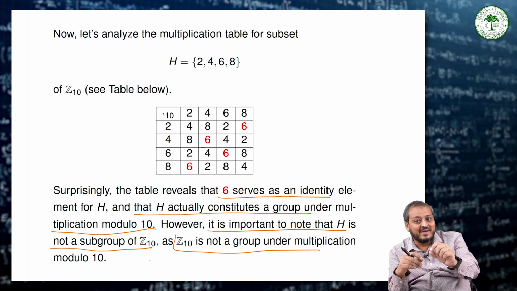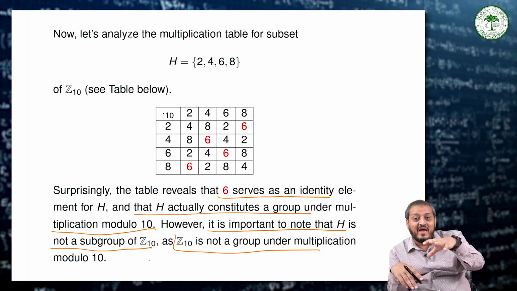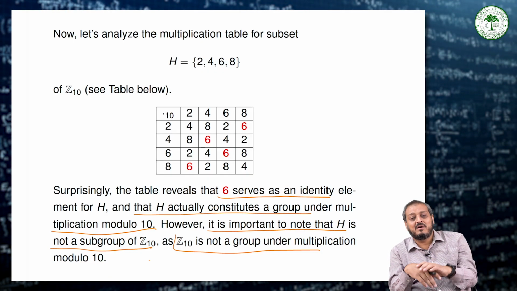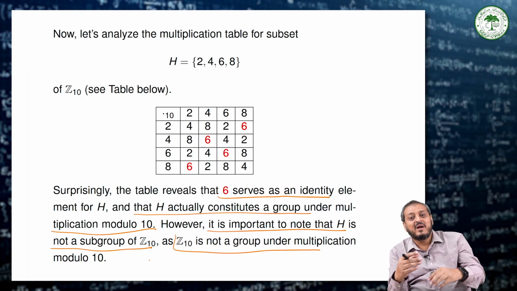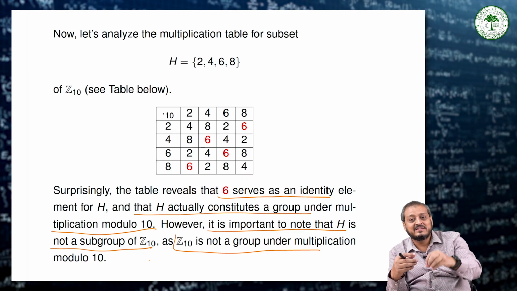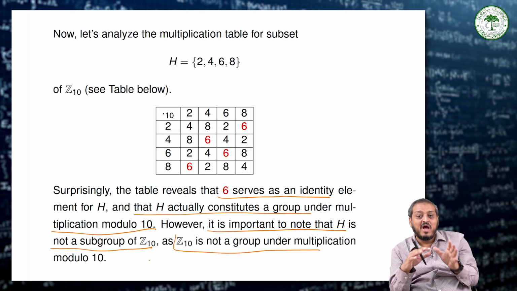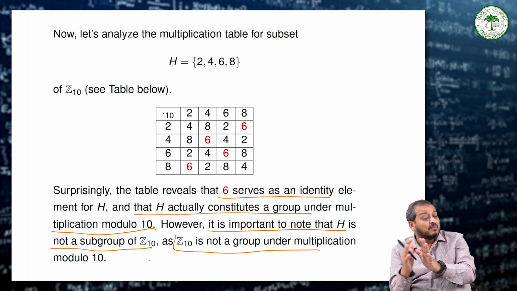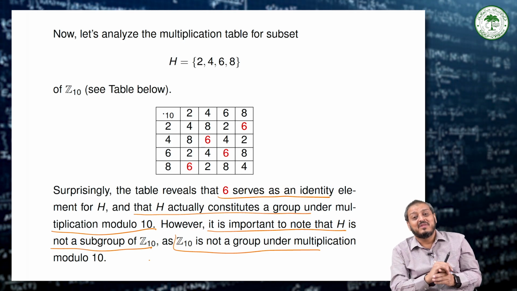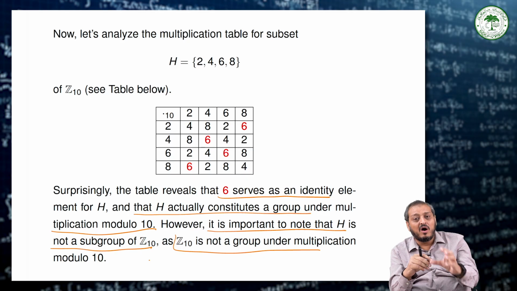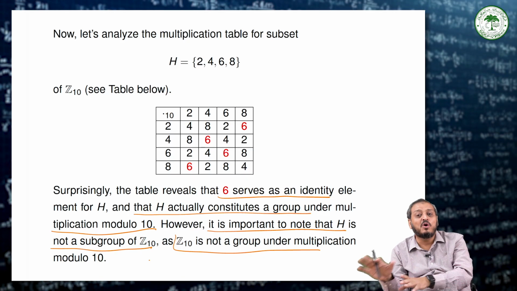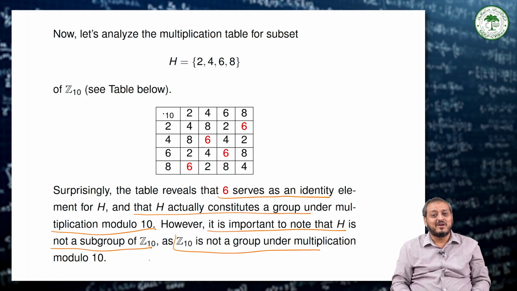But in our case G is not a group. We take a subset that satisfies all the properties of a group, so it is a group, but it is not a subgroup, because the original G is not a group under this binary operation.